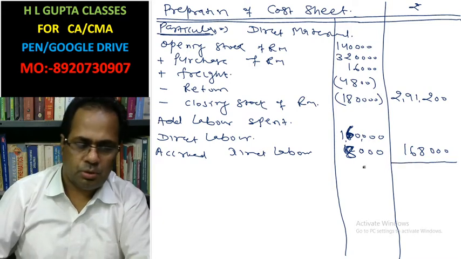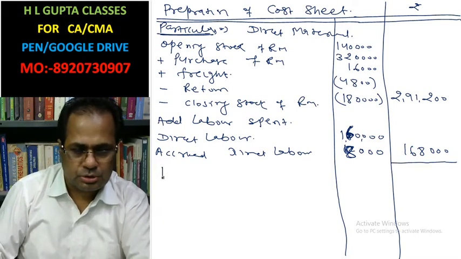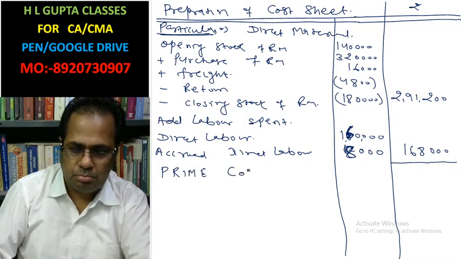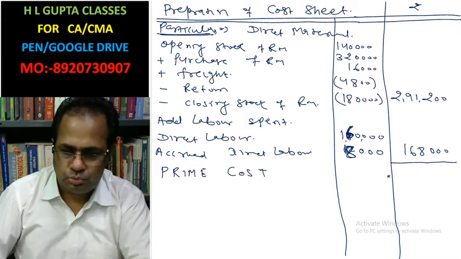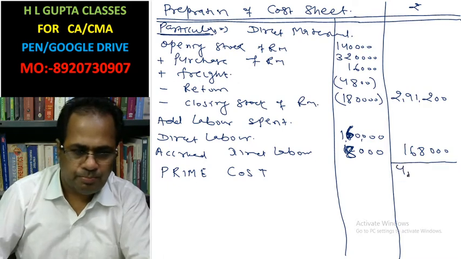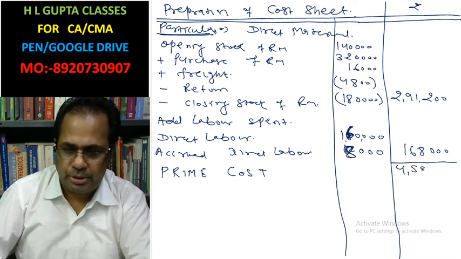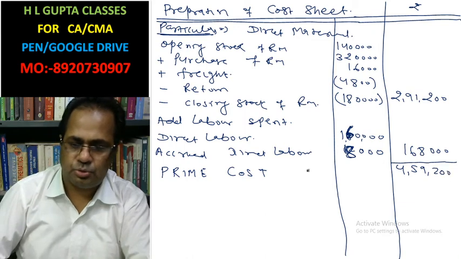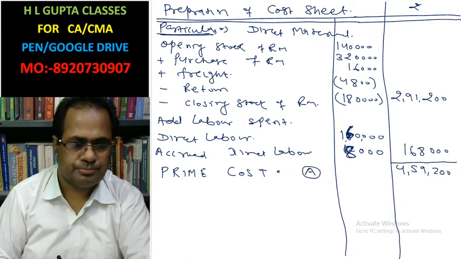Now this is your prime cost, 4,59,200. This is your A part.